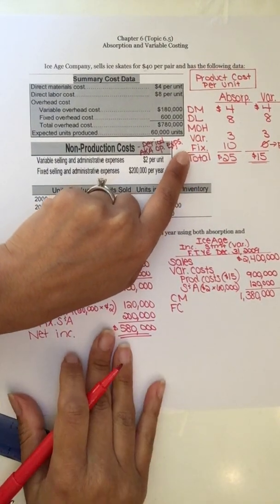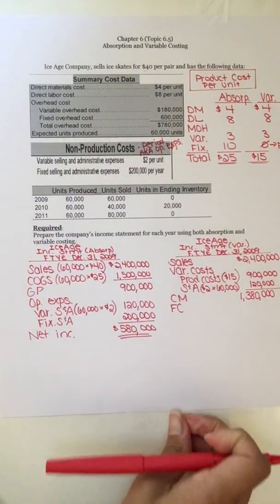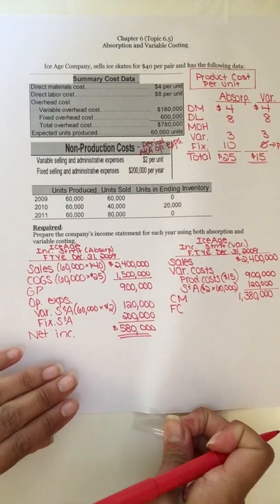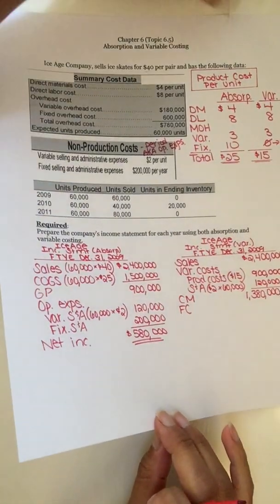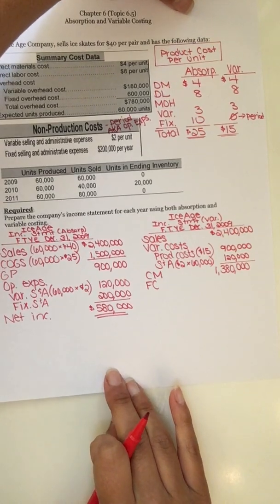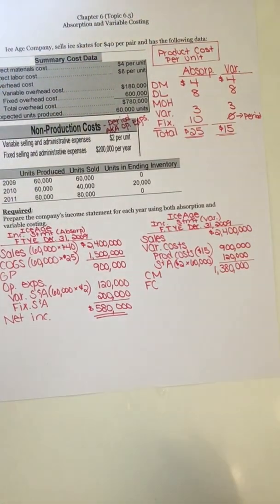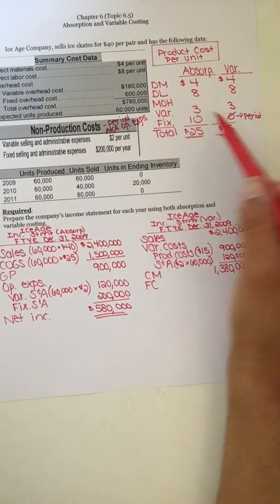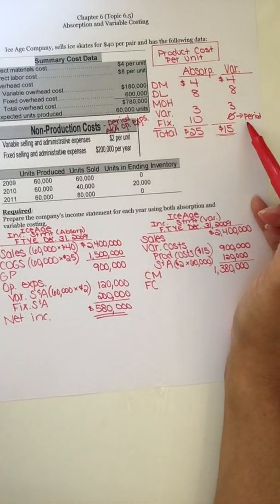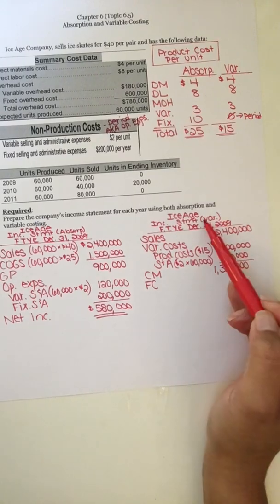Sorry, I don't think you can see that. Let me move it over a little bit so you can see that. It's all very high-tech here. Okay, I was mentioning that your fixed overhead is not treated as a product cost, but as a period cost. Period costs go on the income statement.